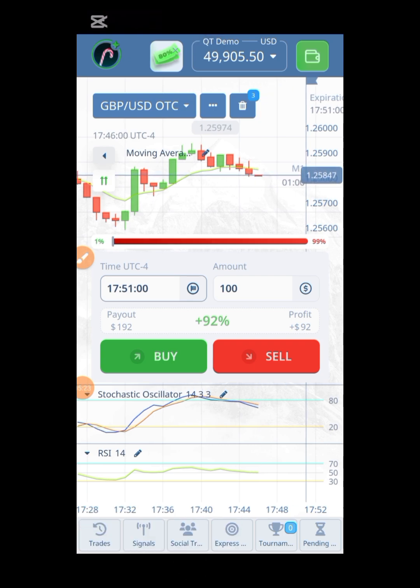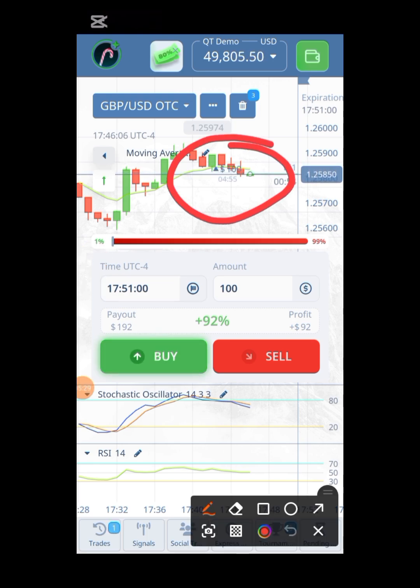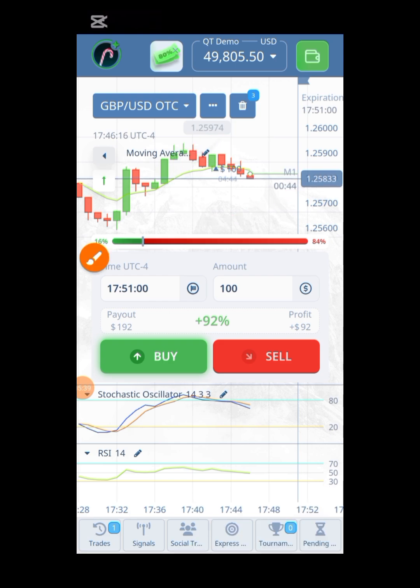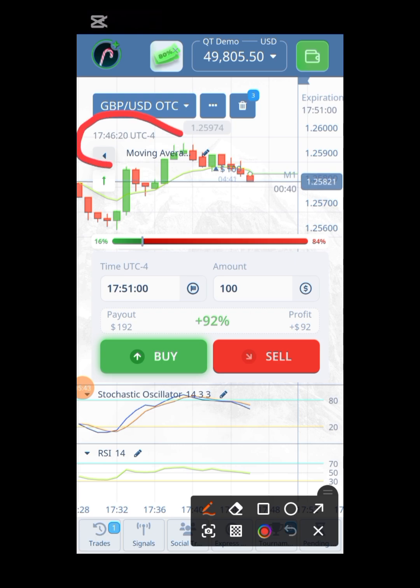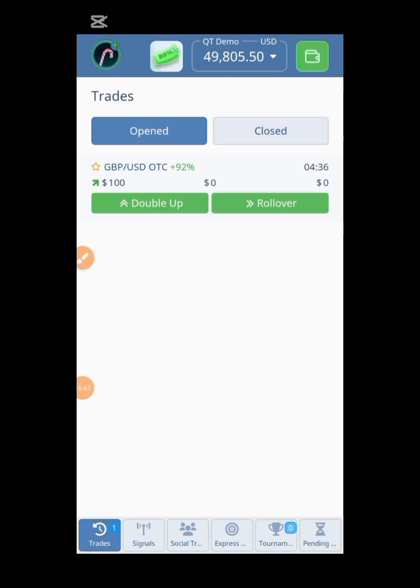We are waiting. It's almost time, 60. So I'm going to take a buy position. I took a buy position, as you can see, here. I took a buy position on the 5 minutes time frame. If you want to check, like I said, this is your 5 minutes time frame, which will be showing from here, or you come here and you see it from here too.